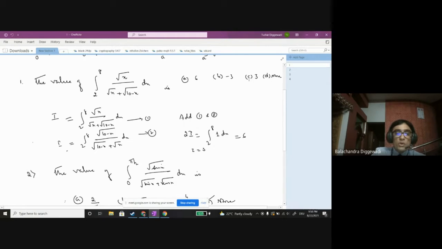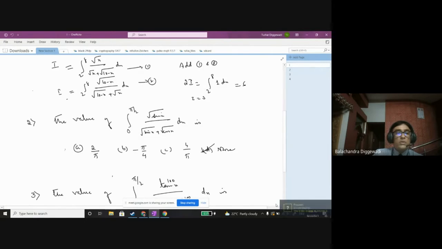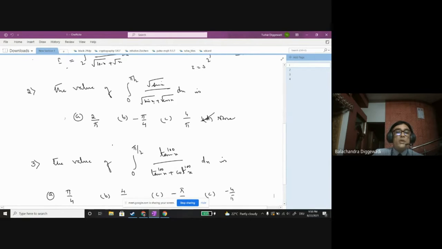So the simplest way, whatever example is given to you, is upper limit minus lower limit divided by 2, after changing this term. That is the hint I'm giving to you. Here you can see one function divided by another function.